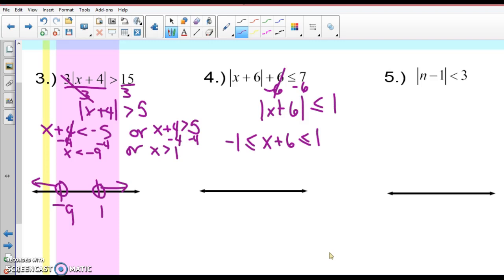So, x plus 6 is greater than or equal to negative 1, and x plus 6 is less than or equal to 1. When you write a combined inequality, you always start with the smallest number and work your way up. And use less than. Always. This is between those. Now, what do I do now?